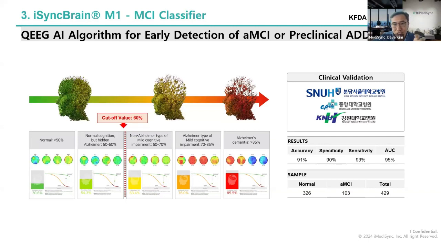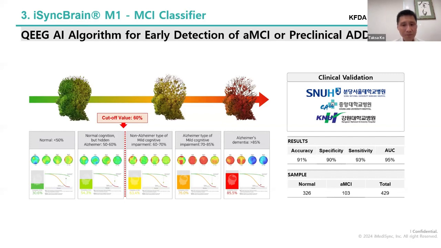So that's why I added the iSyncBrain case demo example. One is MCI, and the other is typical depression. Using those two cases, you can combine the MCI biomarker and the QEEG analysis to explain the result to your customer, to your client. I will give you the demo cases in the fourth part.